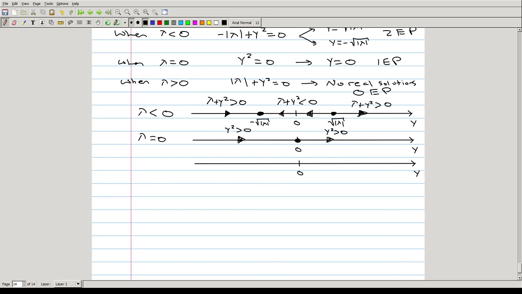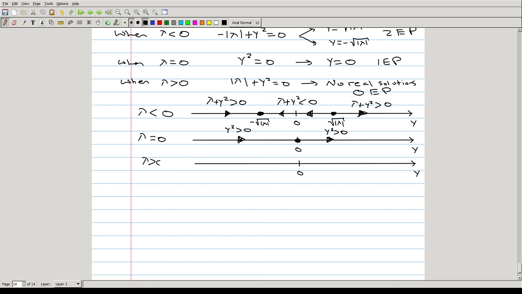So in both regions, the solution is increasing, which means that at lambda equals 0, we have a new critical value, 0, which is an unstable critical value. So we get a switch at lambda equals 0 from having two critical values, one stable, one unstable, to one critical value that's unstable.